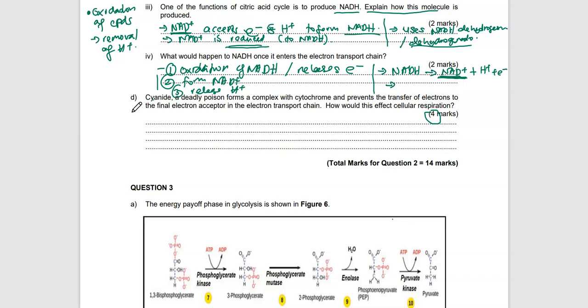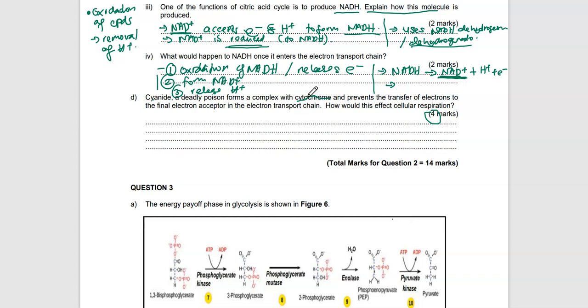It consists of several electron carriers. One of the carriers is cytochrome, and the function of this cytochrome is to accept and transfer electrons. It is oxidized and then reduced; it receives and then releases the electrons. In this case, cyanide prevents the transfer of the electron because it binds to cytochrome. So how does this affect cellular respiration?